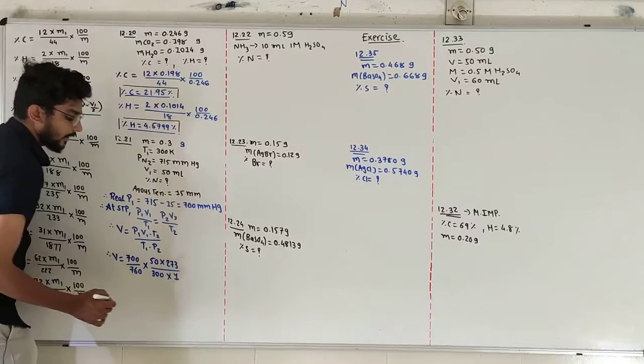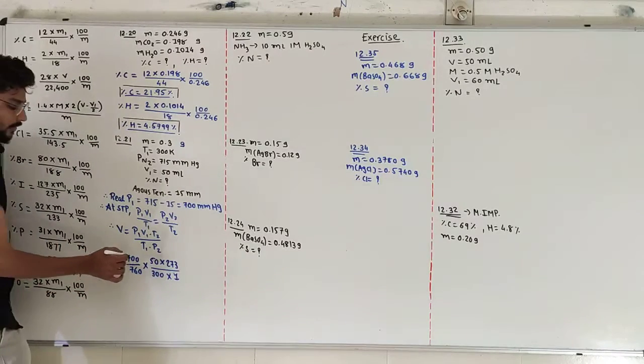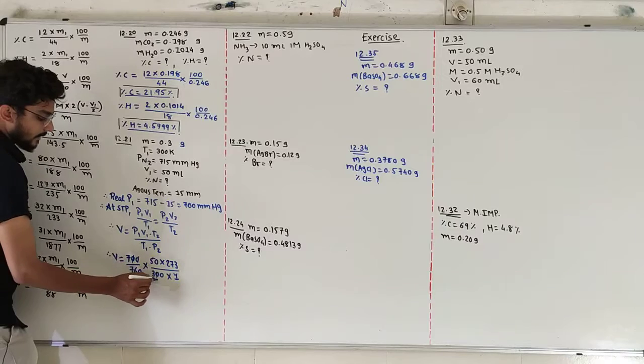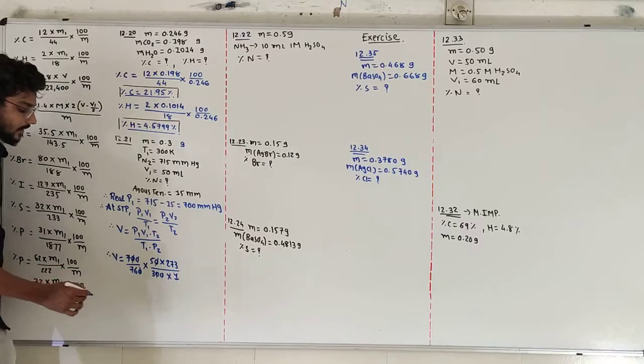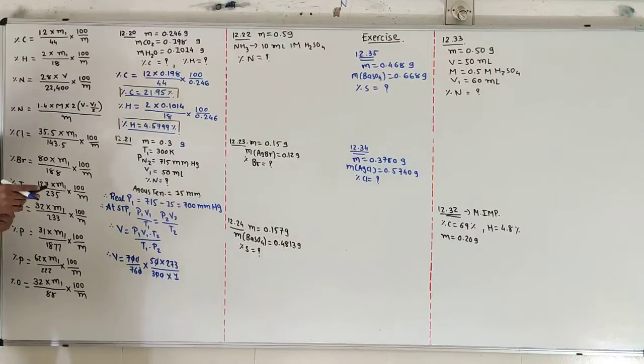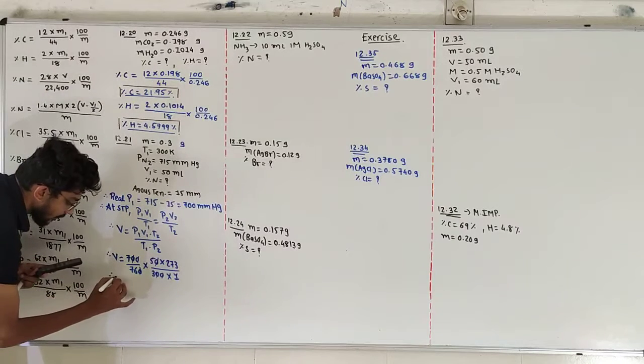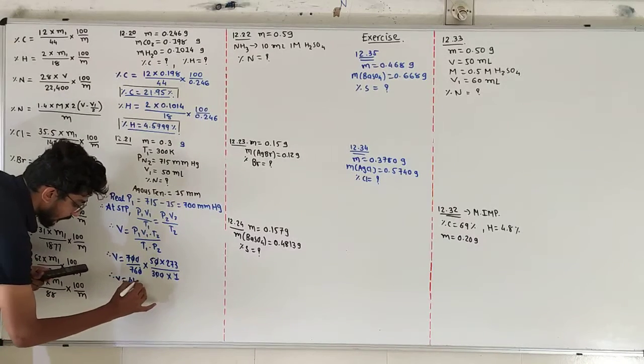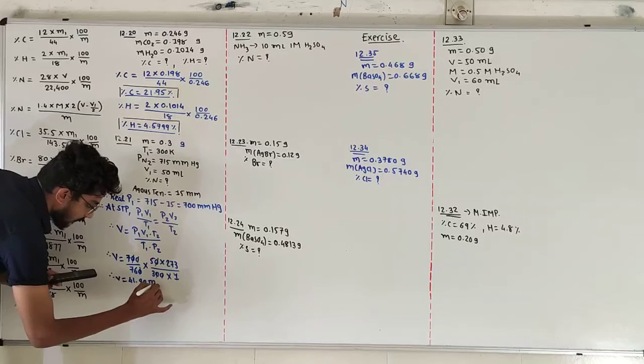P2 is 1. So 2 zeros have been cancelled out and 1 zero cancelled out over here. So let's calculate the remaining values. 7 into 5 into 273 divided by 76, again divided by 3. In the sense, volume comes as 41.90 ml.